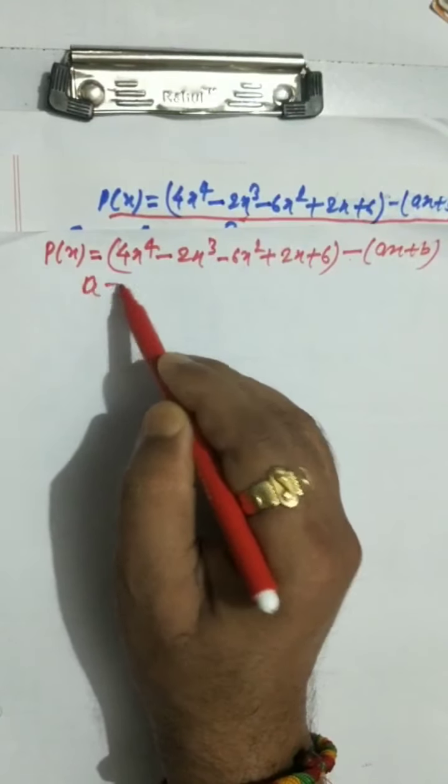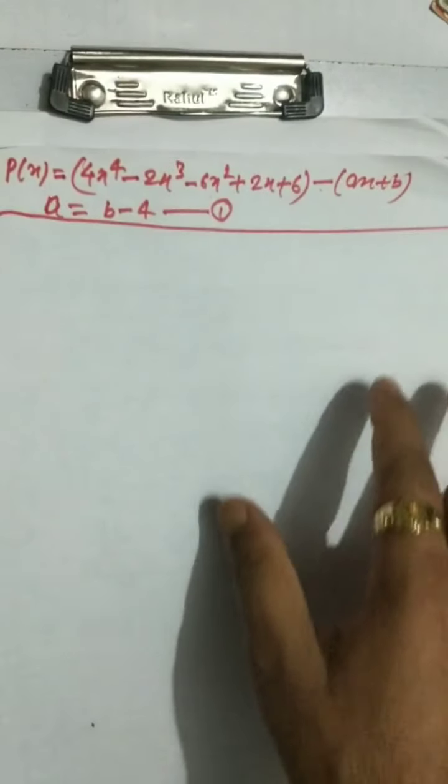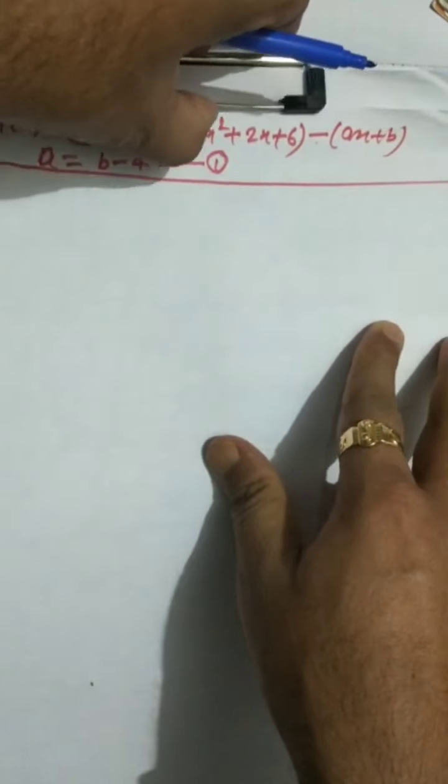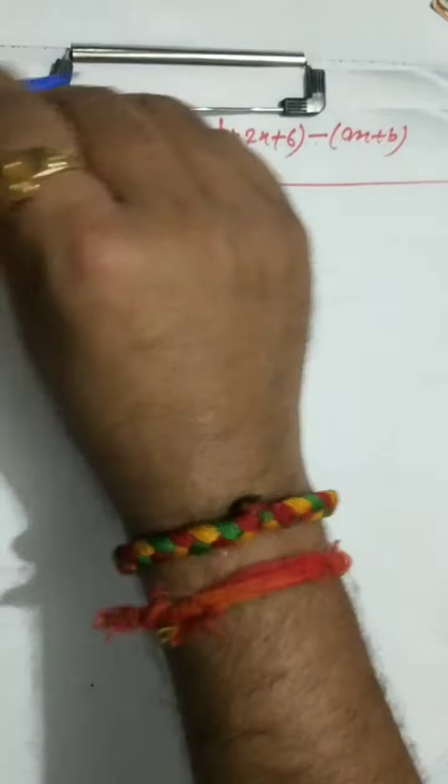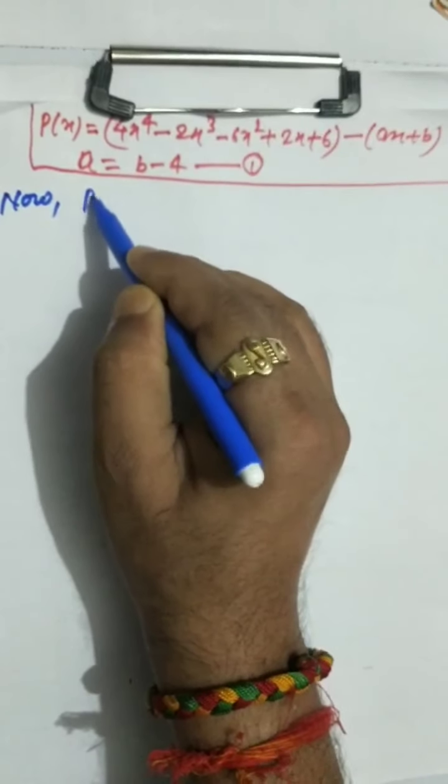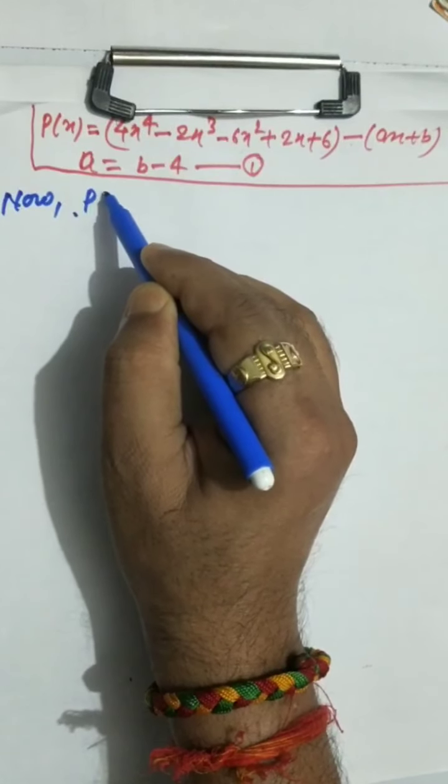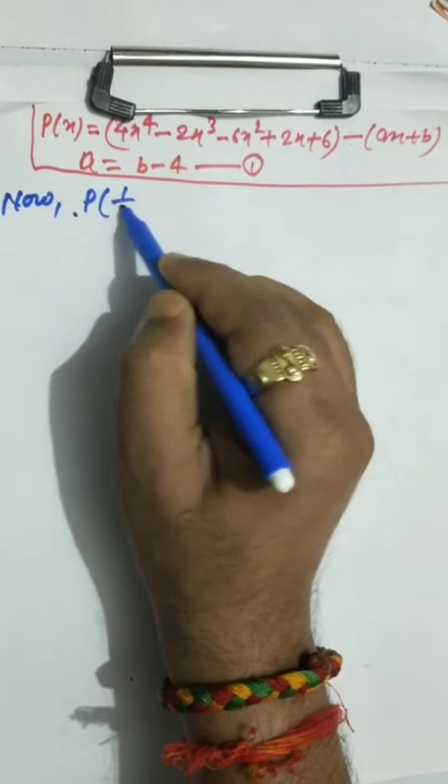Now we have to equate p(1/2) to 0. So let us find the value now. Again we are writing p(1/2) is equal to 0. So this implies that, now put the value of x in this polynomial as 1/2.